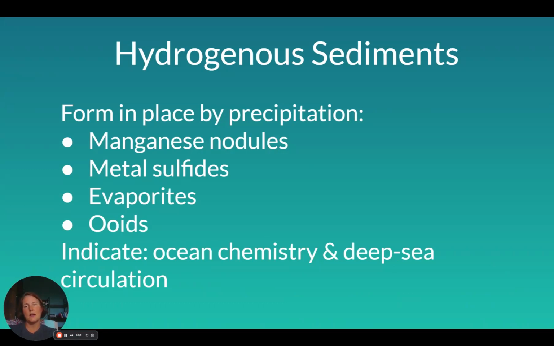Hydrogenous sediments form by precipitation, so they come out of the water. Manganese nodules are probably the most famous one. Metal sulfides, when we talked about hydrothermal vents, we talked about some of the metal sulfides that form at the hydrothermal vents, evaporites, and ooids. These all show us a lot about the ocean chemistry and the circulation around that area in the deep sea.